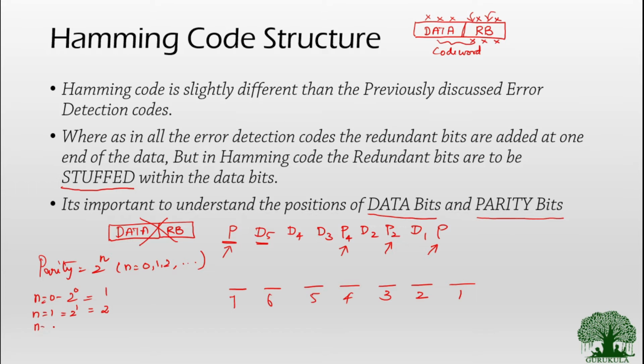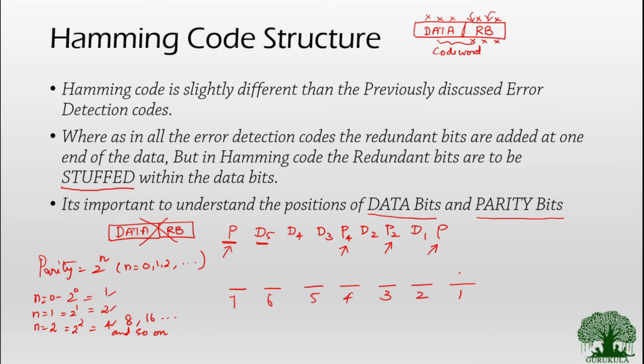When n equals 2, it is 2 power 2, that is 4, and so on. So we can clearly see that I am going to place my parity bits wherever I have a 2 power n position: first position, second position, fourth position, 8th position, 16th position and so on.